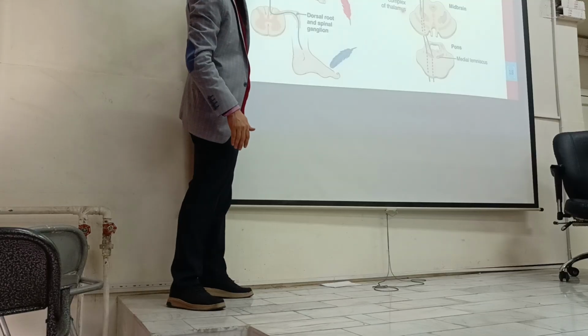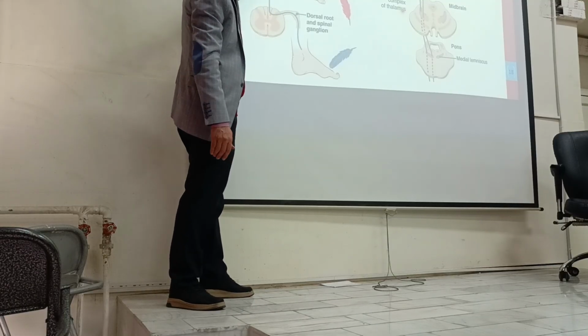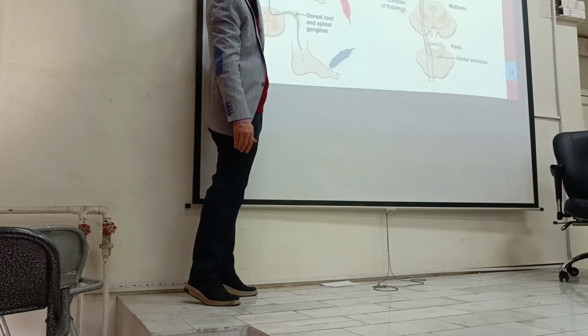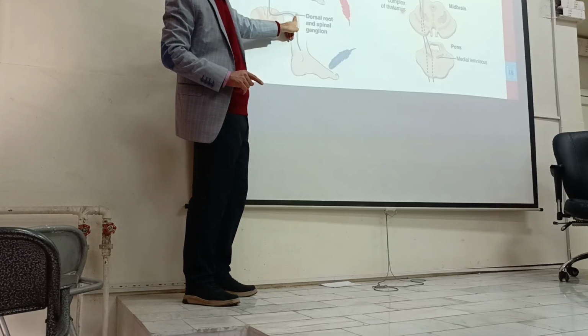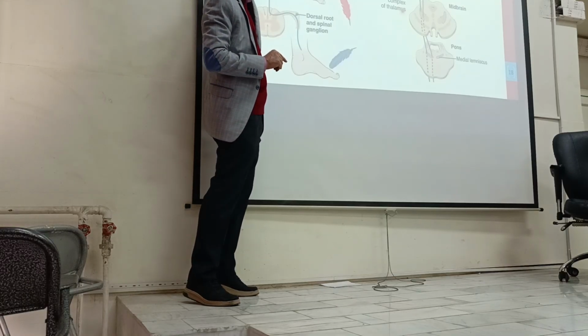So medulla is here, right? So the blue fiber comes in the medulla and makes synapses with another neuron. Right? So this is the second neuron. The first one is here in the DRG, and the second one is here in the medulla.